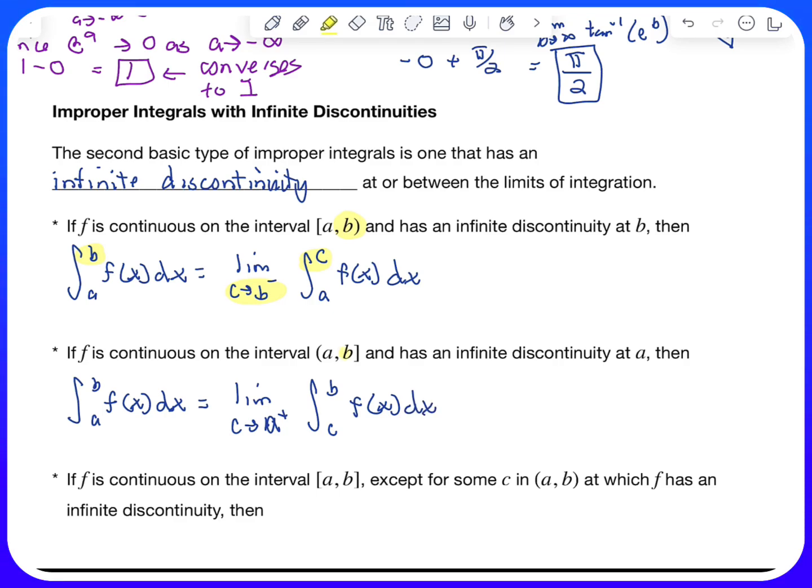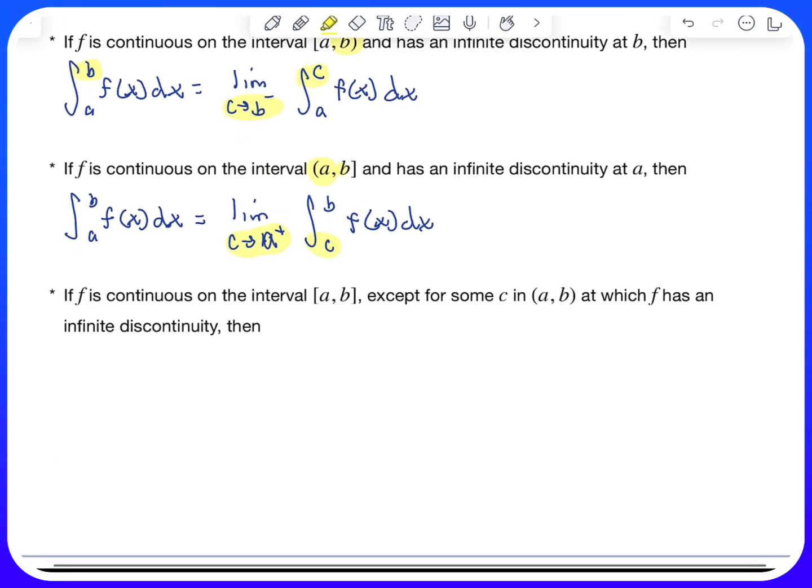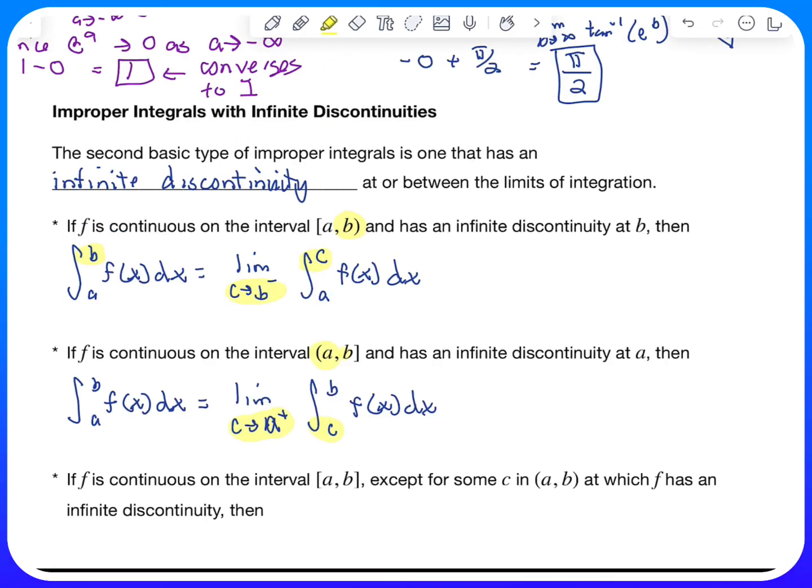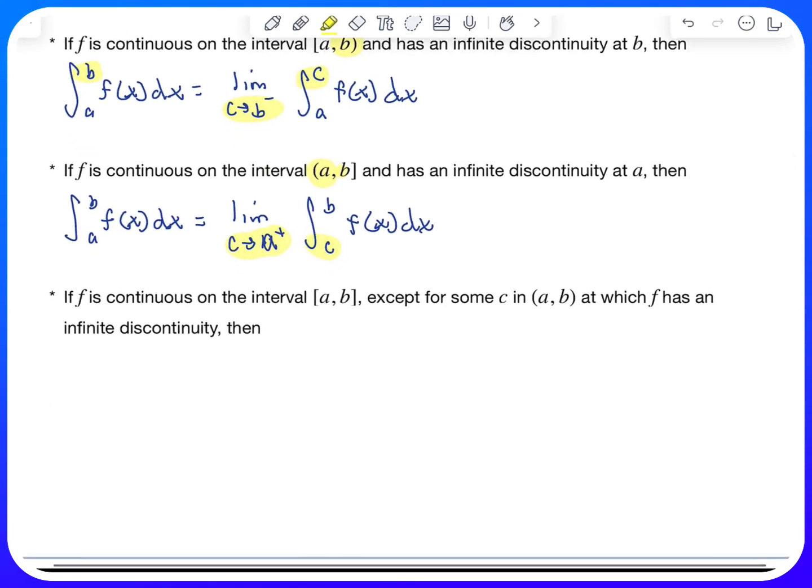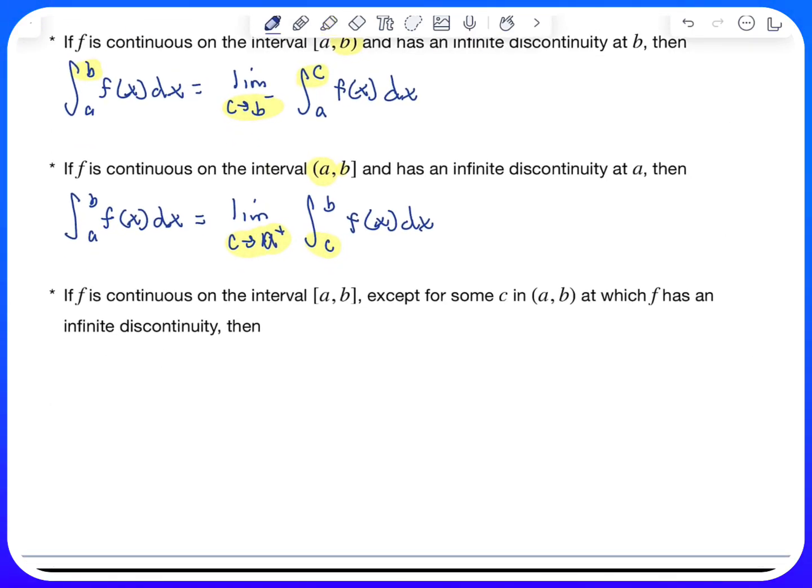So notice here the left-hand integral is what we cannot reach. And so we replace the lower bound with c and evaluate it. Okay, a last situation occurs if our asymptote or our infinite discontinuity occurs inside our interval. So when we have it like this, the function exists at a and b, the endpoints, but it doesn't exist somewhere inside the interval.